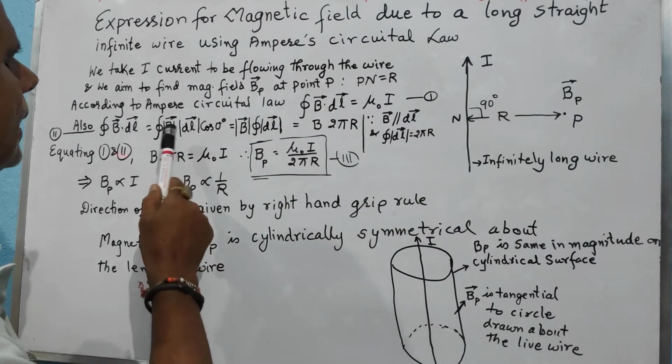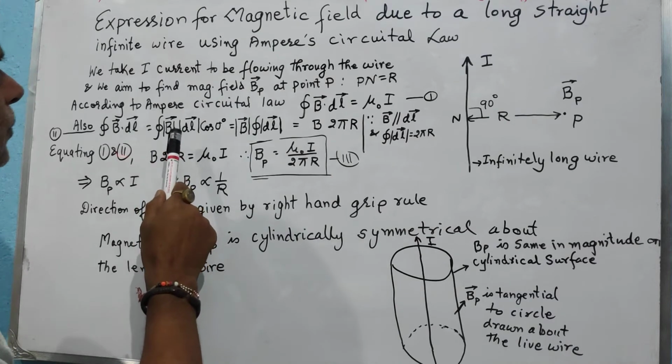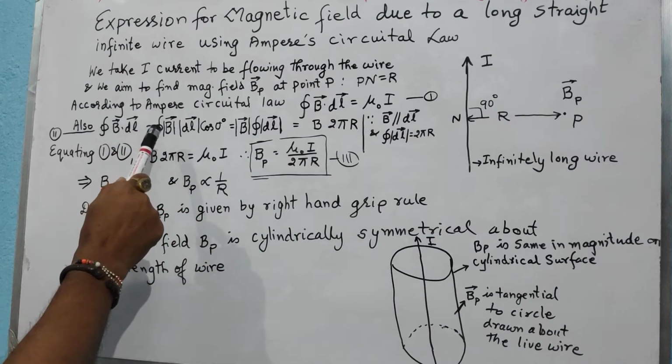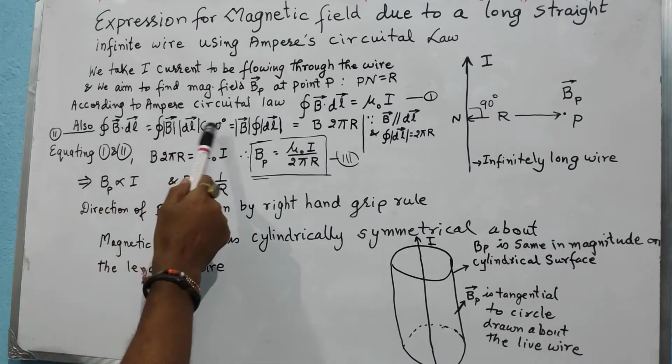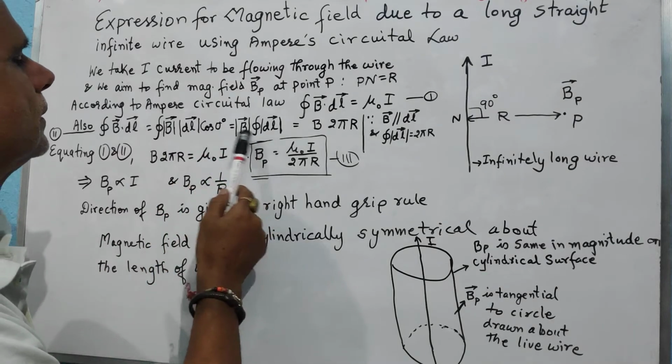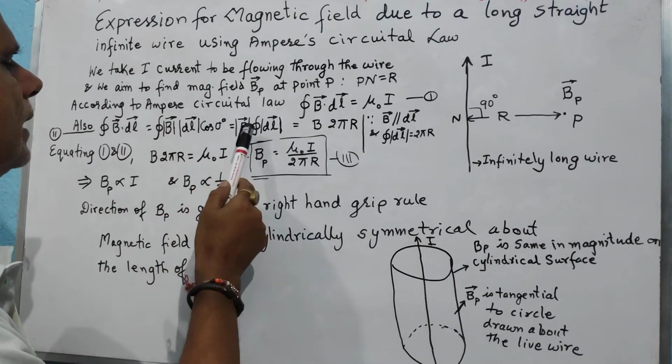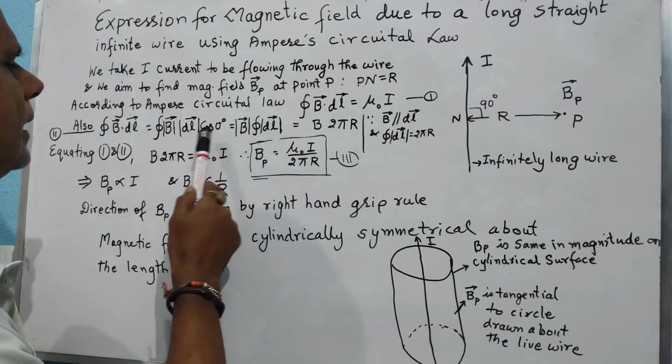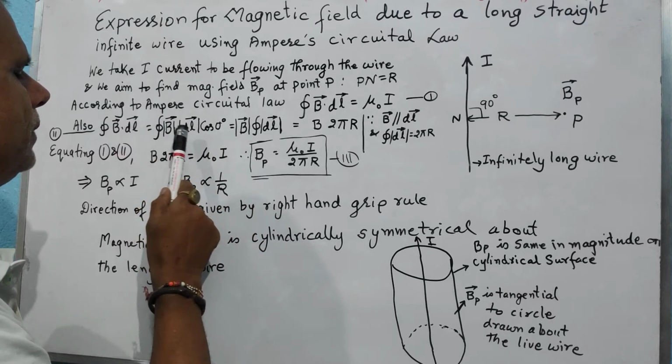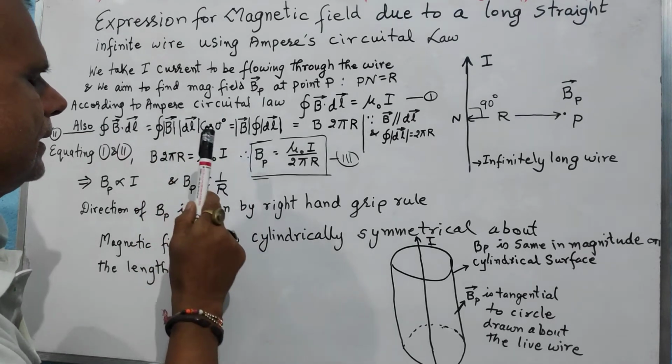Since the angle between the magnetic field and the loop element is 0 degrees, we write cos 0, and cos 0 is 1, so we are left with the magnitude of B and the magnitude of dl within the integral.